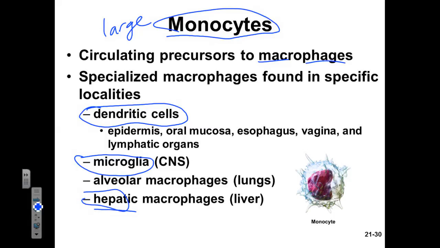So if we think of the hepatic vein, the hepatic portal system, the hepatic artery, those are all blood vessels that go to the liver. A hepatocyte is a liver cell. A hepatic macrophage is a macrophage that's specific to the liver. So when you think of monocytes, I want you to think of the cells that turn into macrophages. And they're all over our bodies.